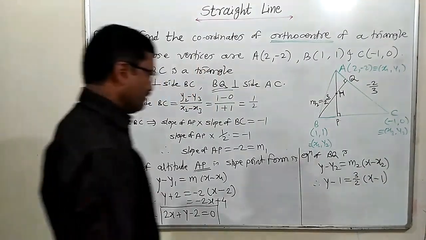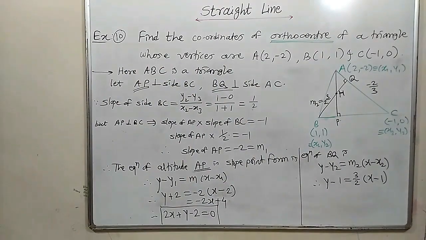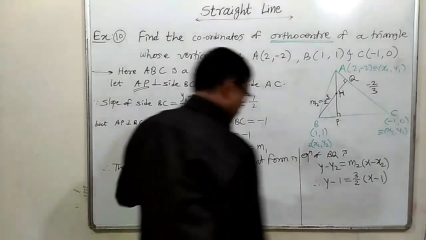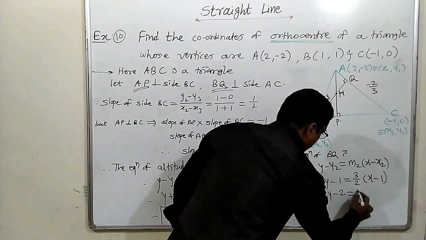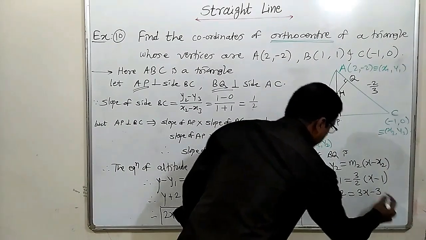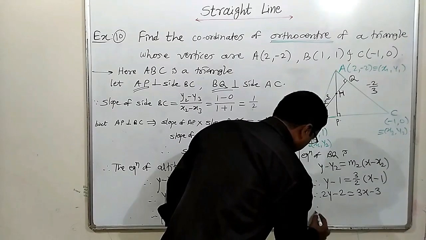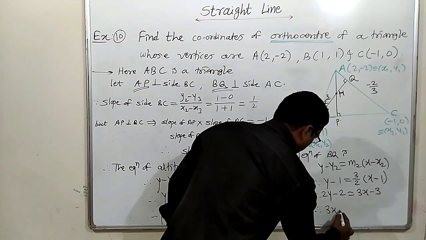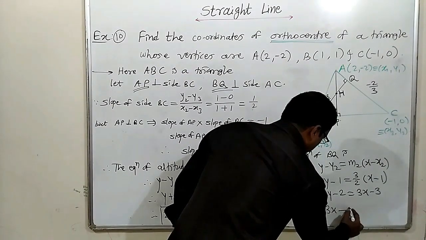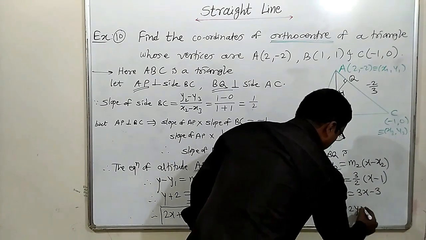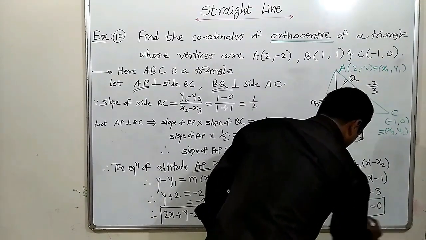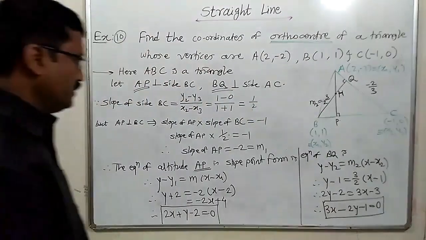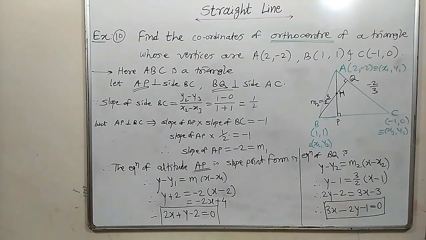So we get the equation as y minus 1 equal to 3 by 2 into x minus 1. Multiply this by 2, we get 2y minus 2 equal to 3x minus 3. After simplification, we get 3x minus 2y minus 1 equal to 0. So that is the equation of altitude BQ.